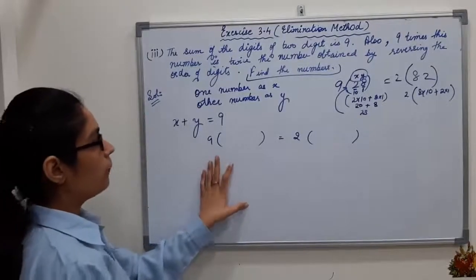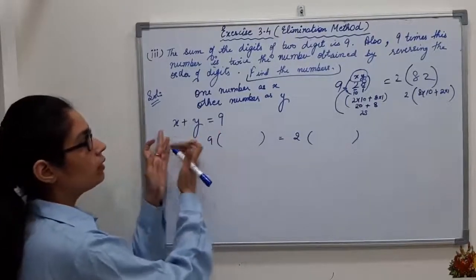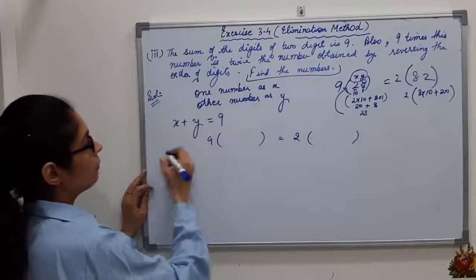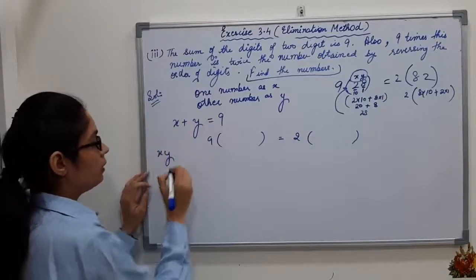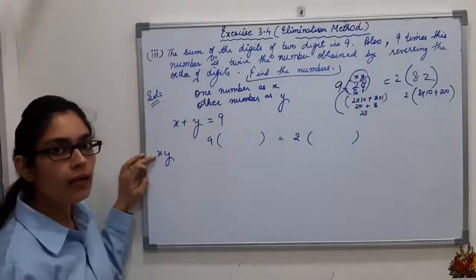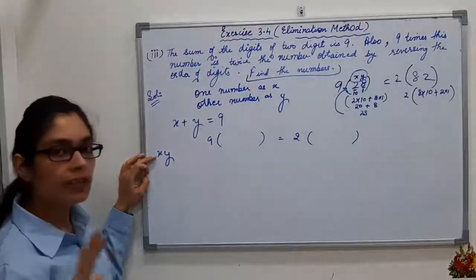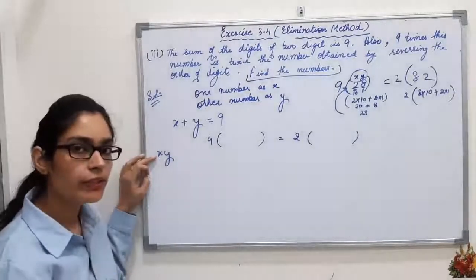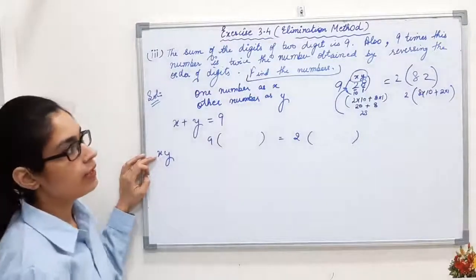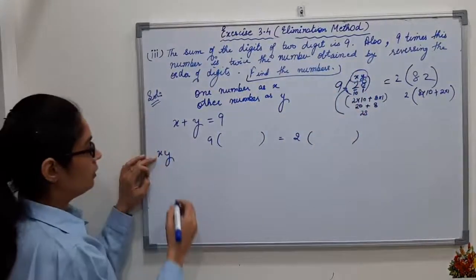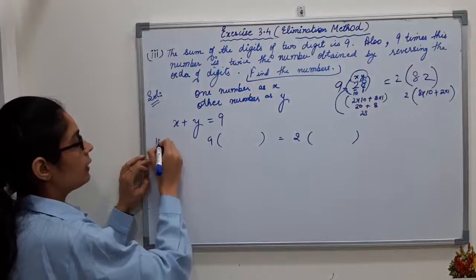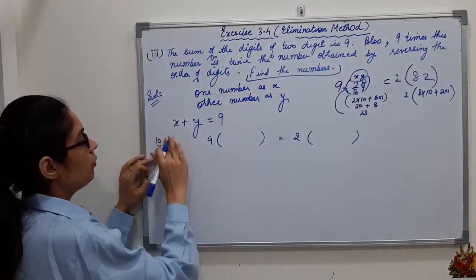What they are telling, 9 times of this number. So our number is xy. For xy, I have to write the place values, because I have to make an equation in two variables. I cannot write it like this. So 10x is on my tens place, y is on my ones place.